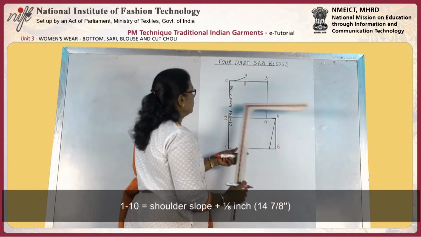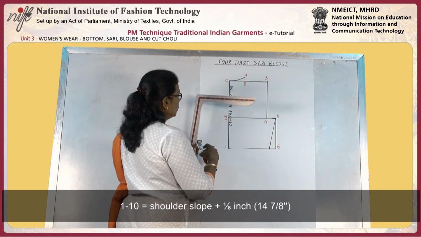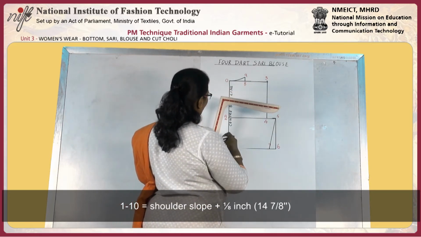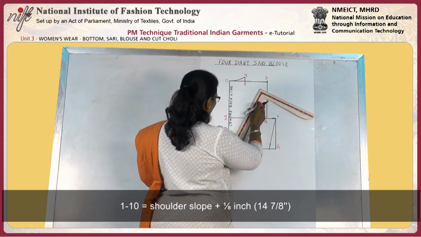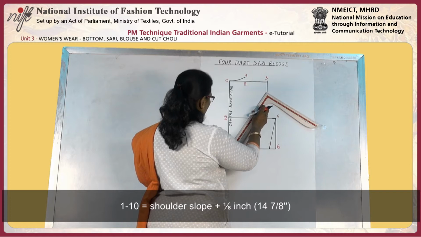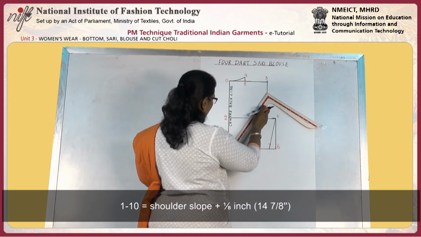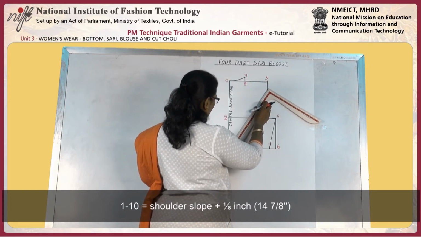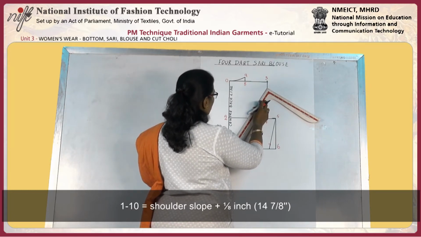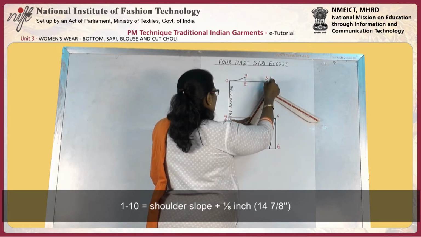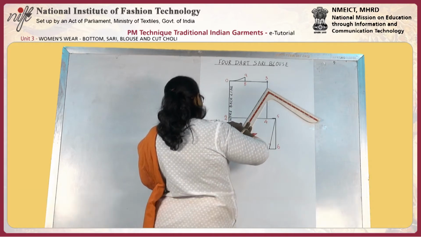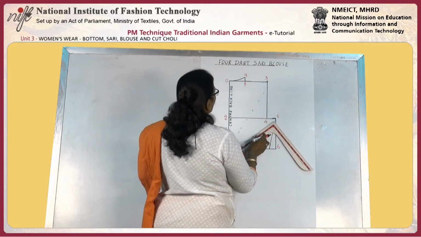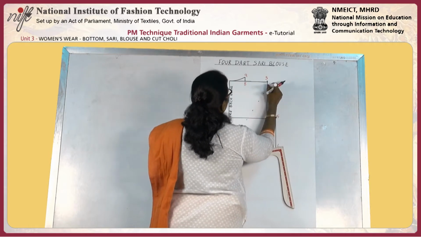Now we should draw the shoulder slope. Shoulder slope should be marked from 1. This is the back shoulder slope plus 1/8 of an inch to reach the shoulder line. 14 3/4 plus 1/8 inch is 14 7/8, and this should be marked diagonally, and this is 10.